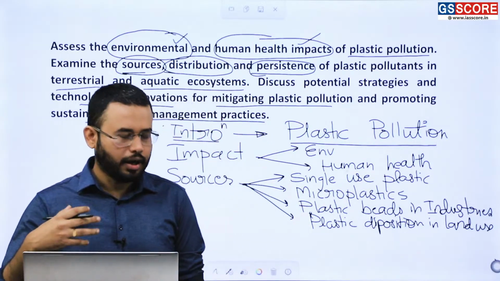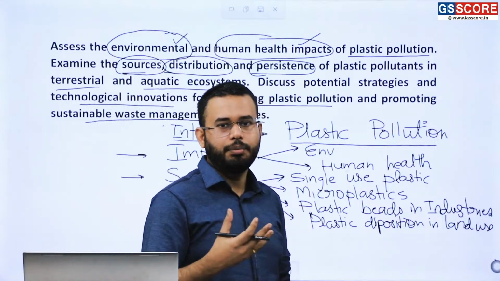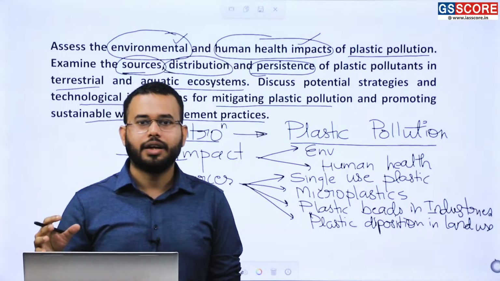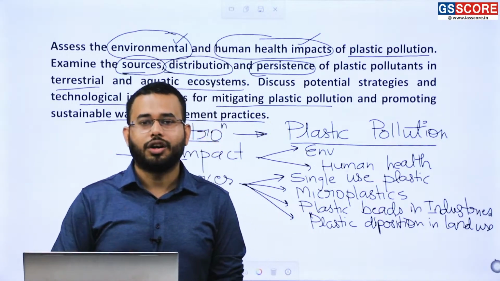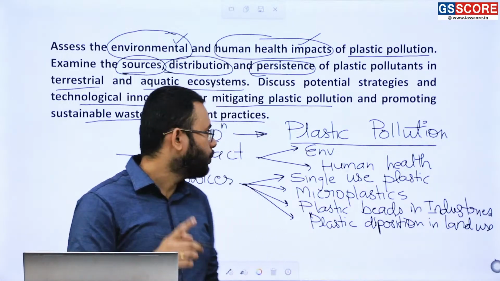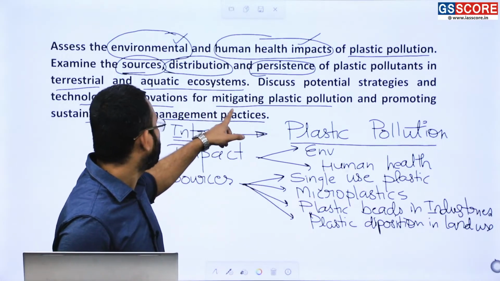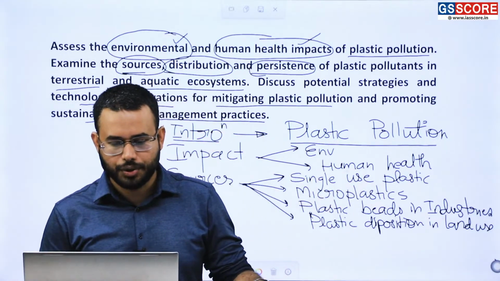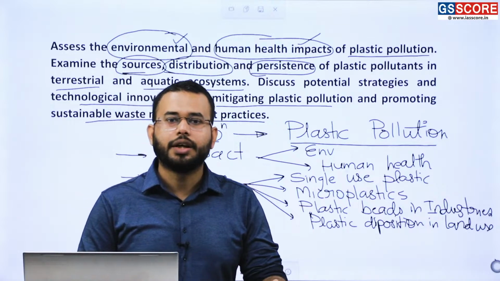So if a company is producing plastic products, it is their inherent responsibility to take care of the proper disposal or recycling of the plastics, right? So policy intervention is something which you need to talk about in case of mitigating plastic pollution. Number one, strategies related to mitigating plastic pollution. Second, waste management infrastructure.